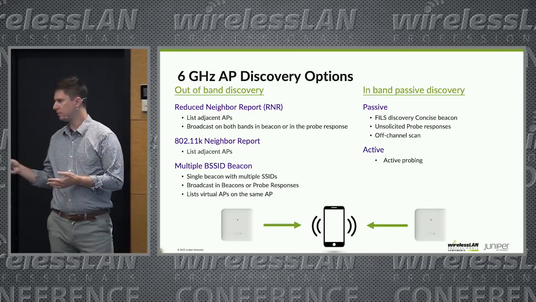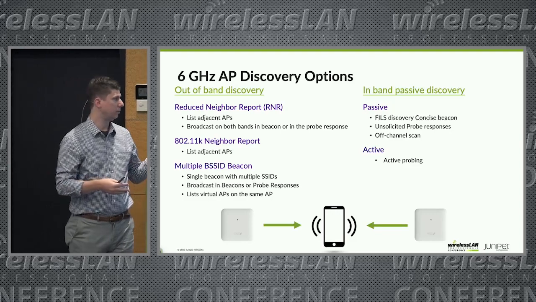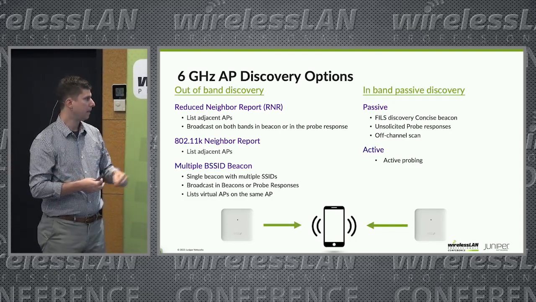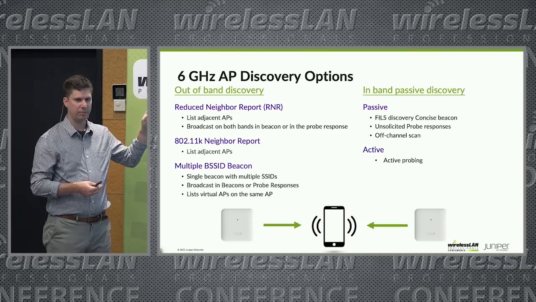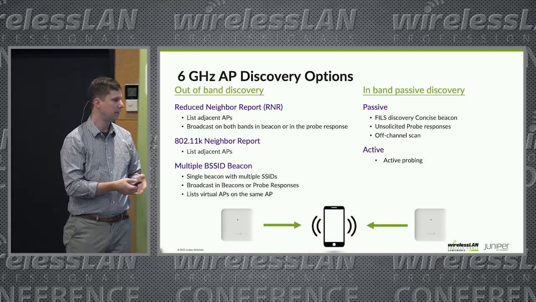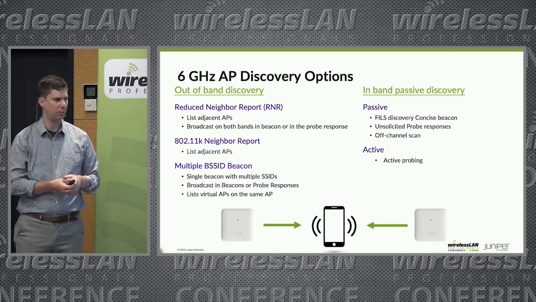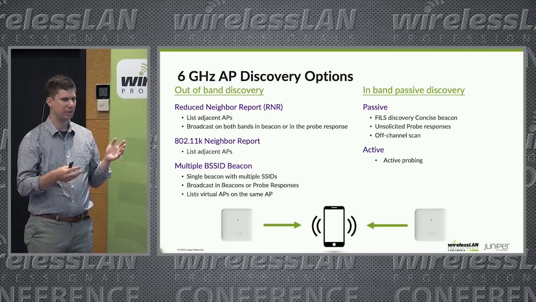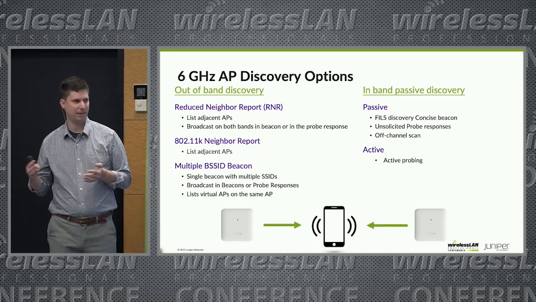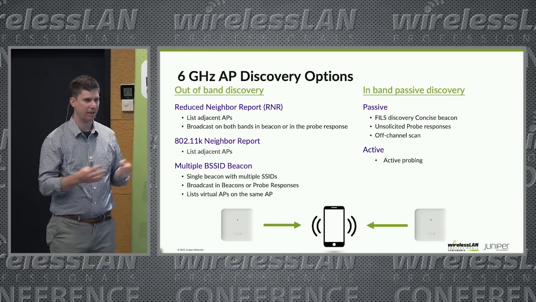There are passive mechanisms; those continue. So your off-channel scanning, probing, clients still probe in 6 gig. There are 2 other passive discovery mechanisms, the fast initial link setup, or FILS, and the unsolicited probe response, which I'm not really going to talk about because I don't think they're relevant. I don't think they really help anything.